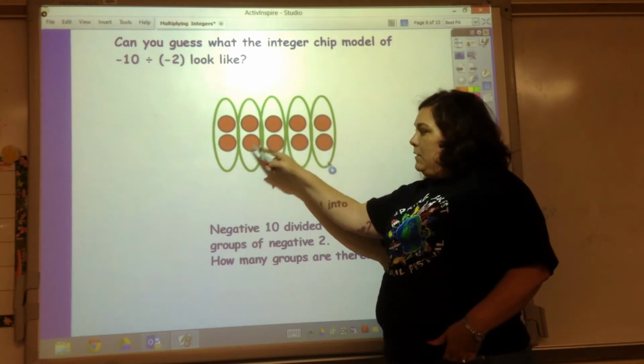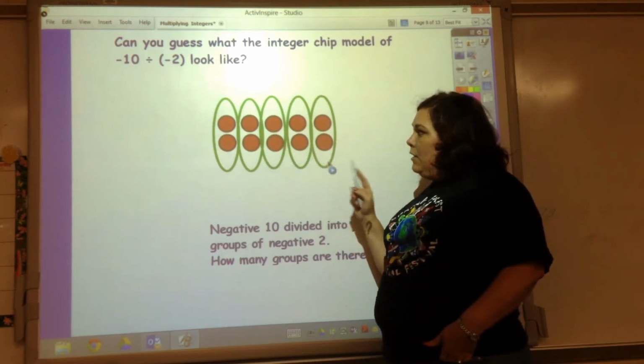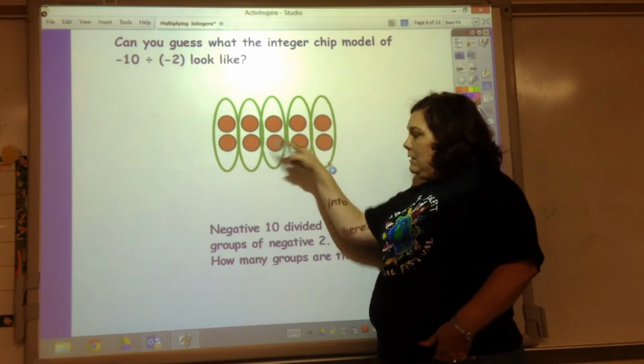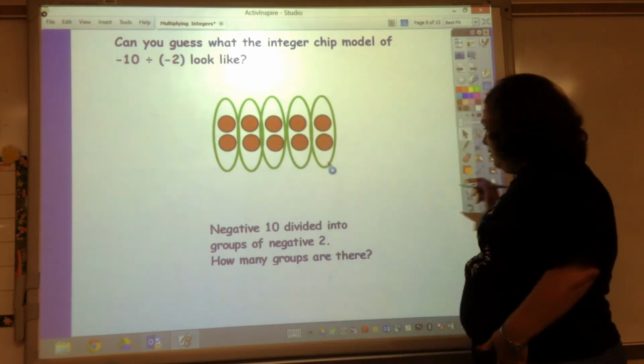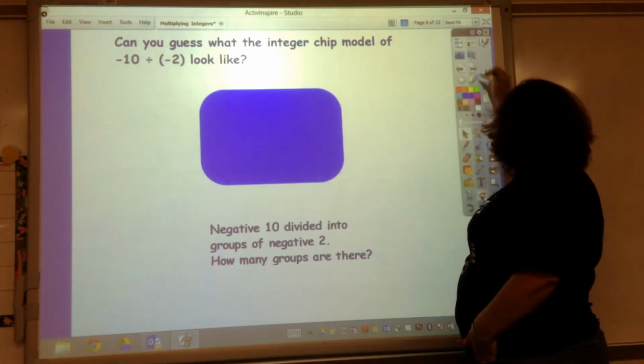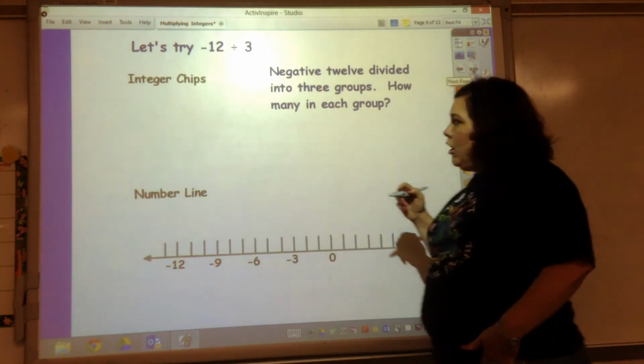They would be negative 10 divided into groups of negative 2. So let's try it.